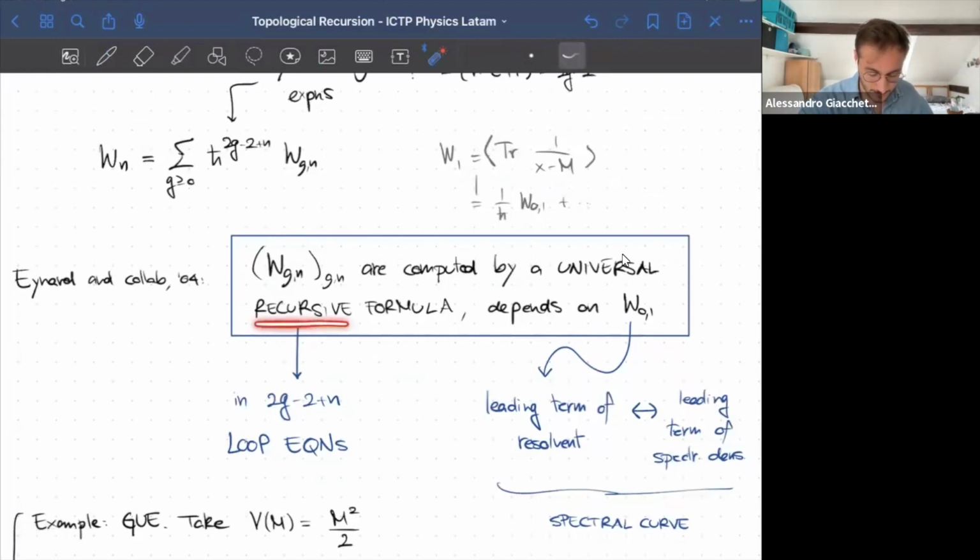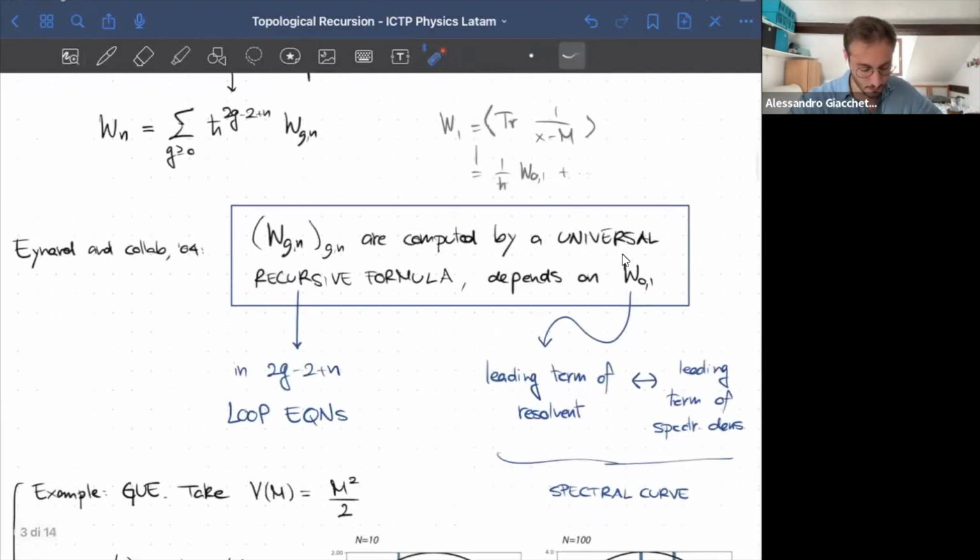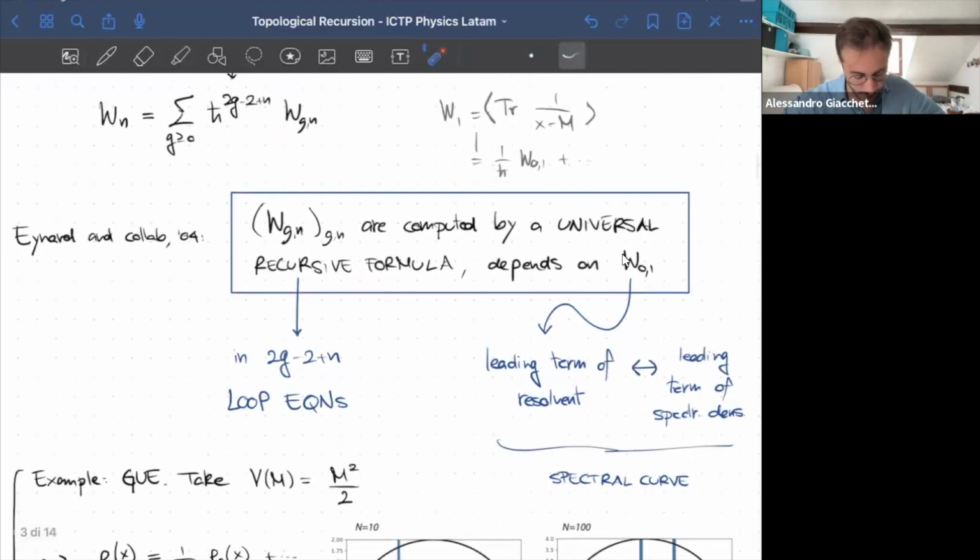Another comment is, why is this formula recursive? Well, the point is that it's recursive in 2g minus 2 plus n. This, let's say, Euler characteristic that you can compute out of these indices g, n, which in principle have nothing to do with actual surfaces, right? n is the number of products of the resolvent that you get, and g is just labeling the h bar expansion.